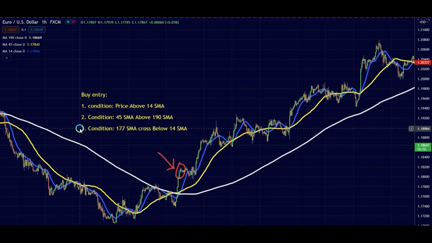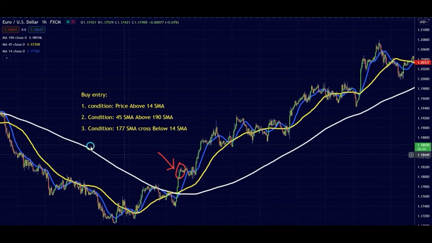And our third condition is kind of a not so commonly used strategy element, because we are at a buy setup and we don't trade when an upward cross is happening, which would be the regular setup.